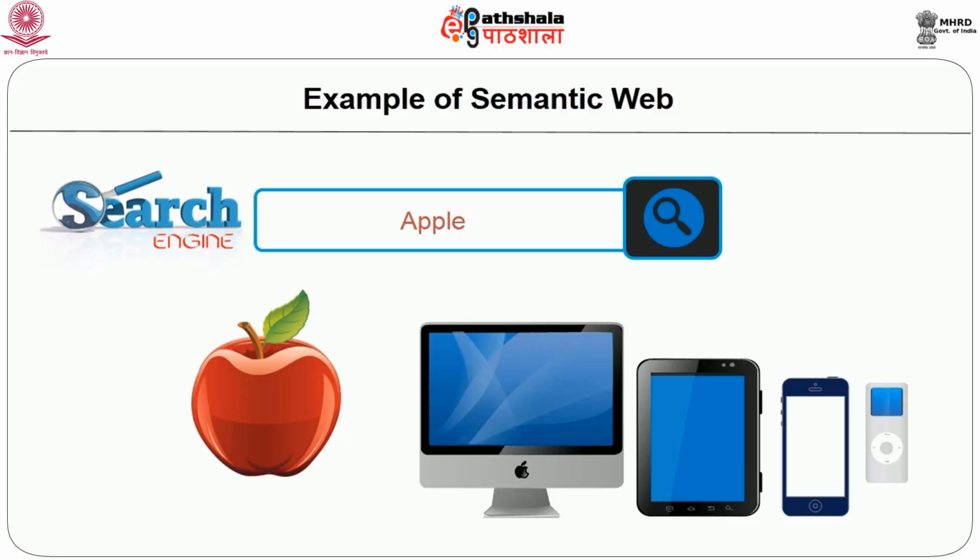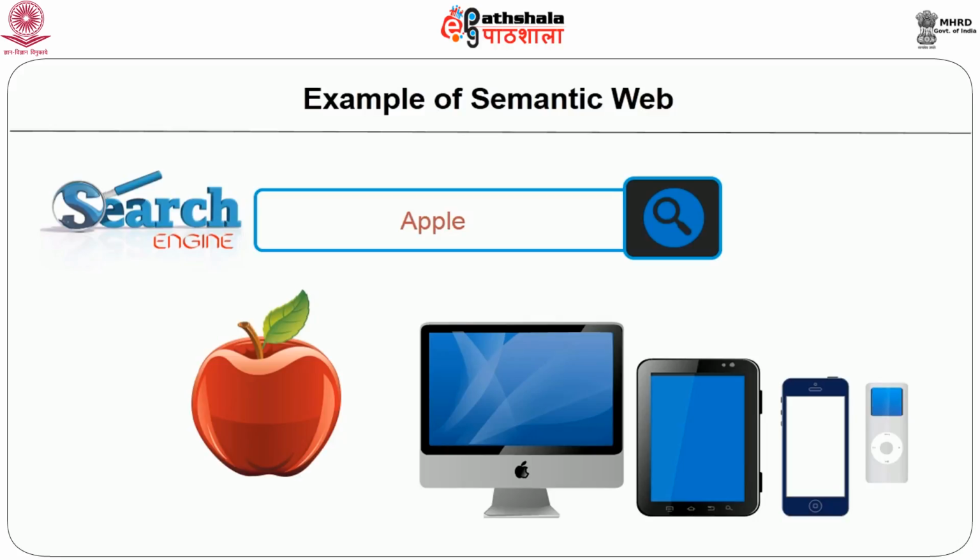So how do we recognize the difference, whether it is the fruit or the company? There should be a relation, and that relation should be spelled out with each word. That is the semantic meaning. The search engine can understand the meaning of the search linguistic element, the term used, by analyzing it and show the result in a defined way.